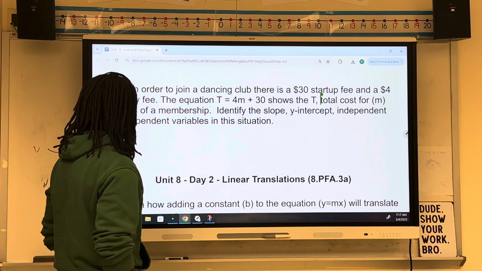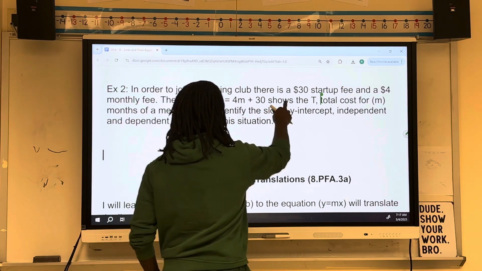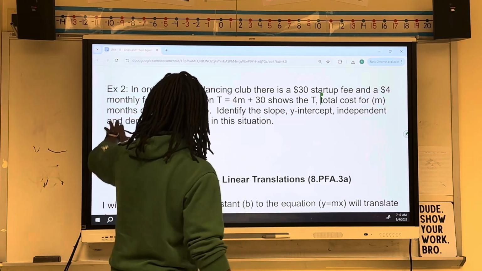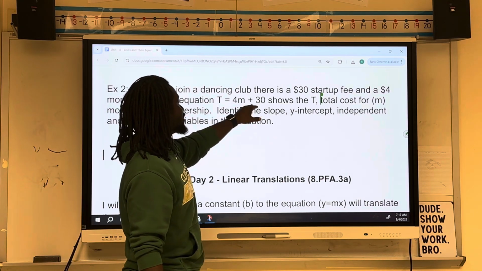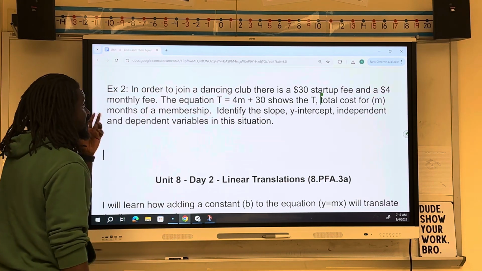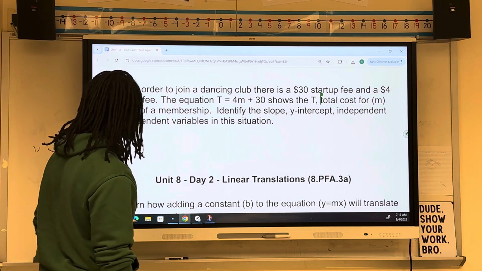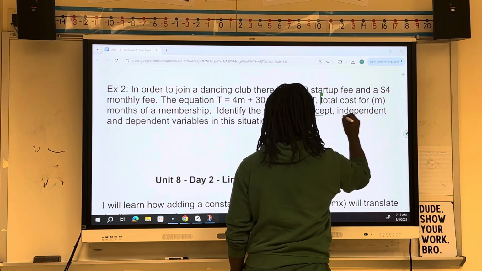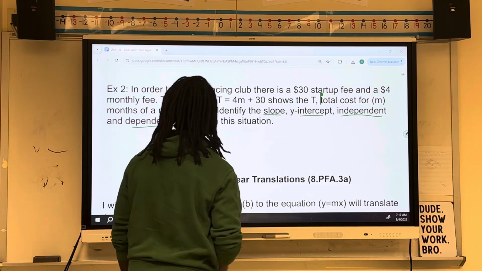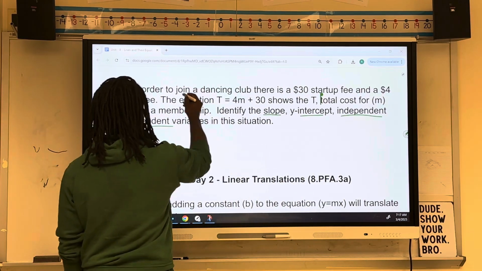In order to join a dancing club, there's a $30 startup fee and a $4 monthly fee. The equation T equals 4M plus 30 shows the total cost T for M months of a membership. Identify the slope, the y-intercept, and the independent and dependent variables.